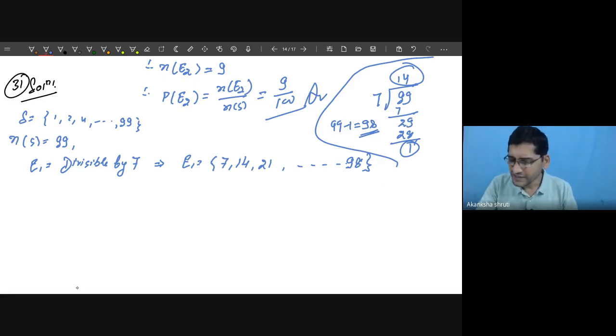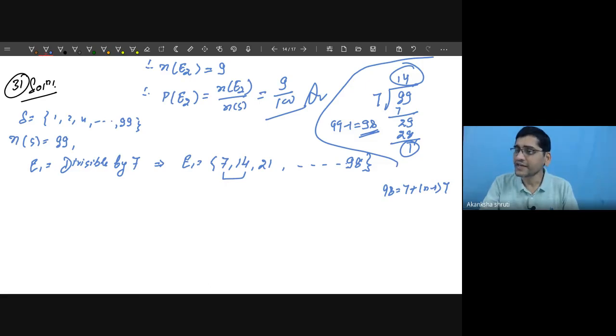For that, you take this 98 as the nth term. So 7 plus (n minus 1). This gap is also 7. Keep in mind here, since the beginning and gap are both the same, just dividing 98 by 7, you can get the number that way also.